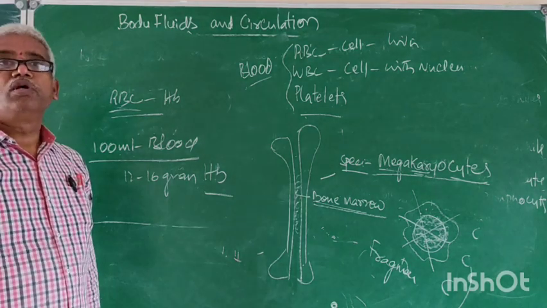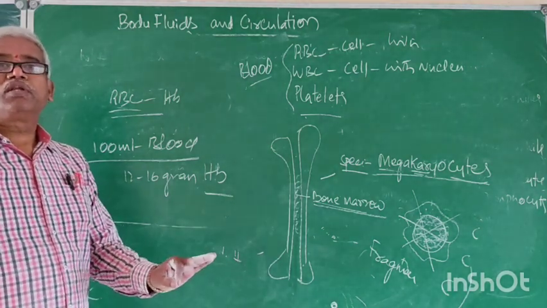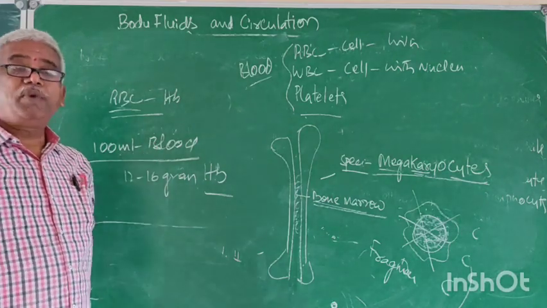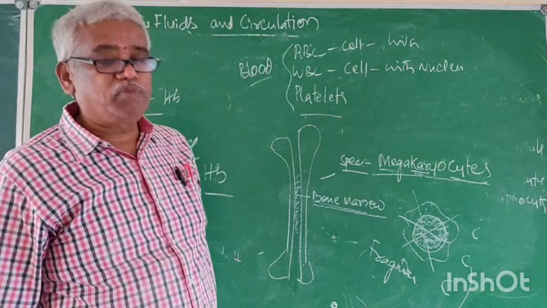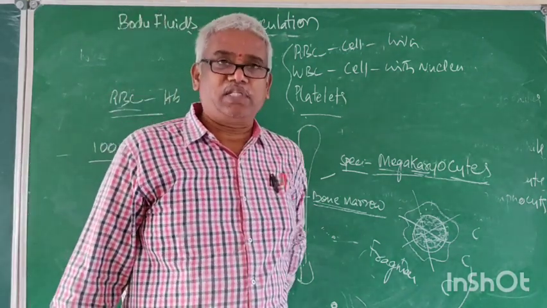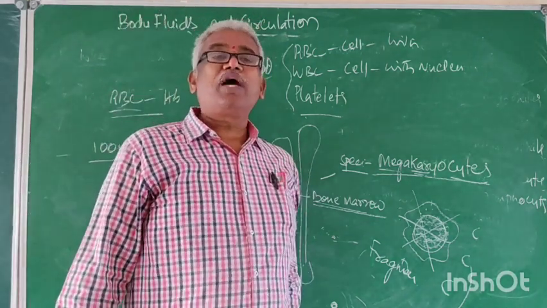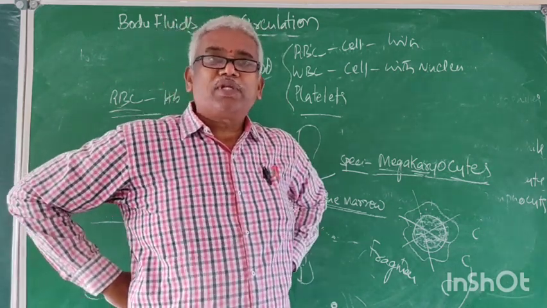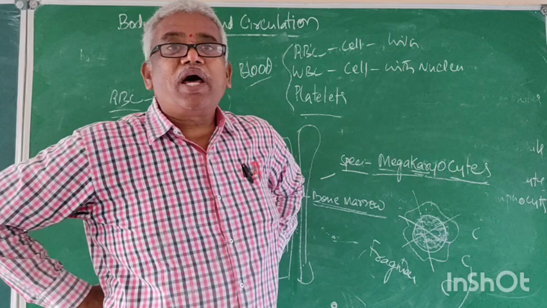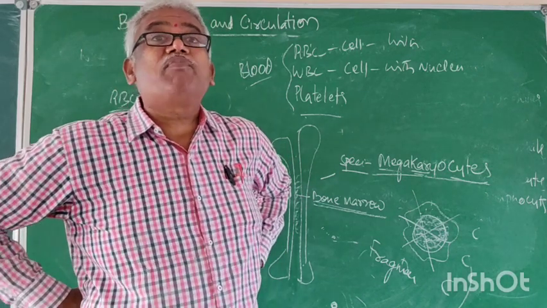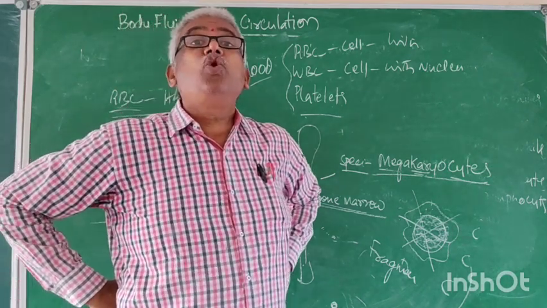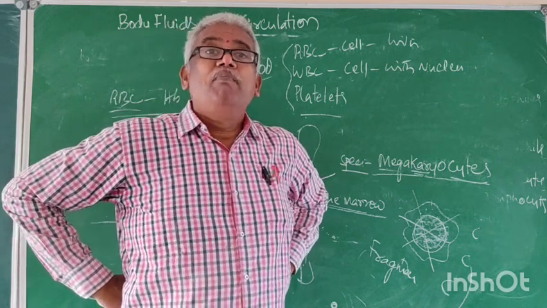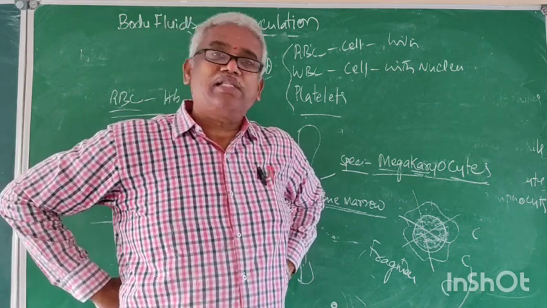Now this is about the composition of blood. The blood is made of two parts. Name the two parts: plasma and corpuscles, which are formed in the plasma. Plasma is 55%, cells 45%. The color of plasma is light yellow, straw color. What is plasma? Blood minus cells.